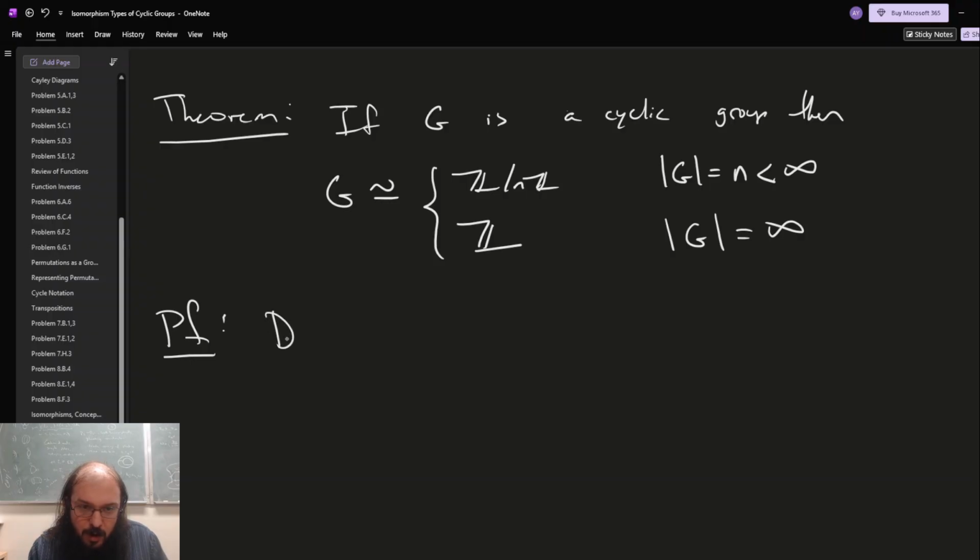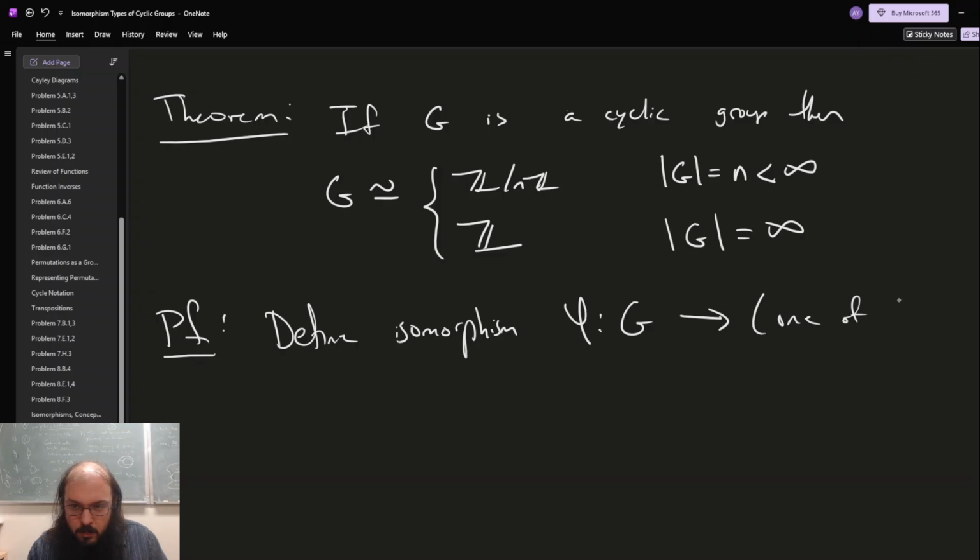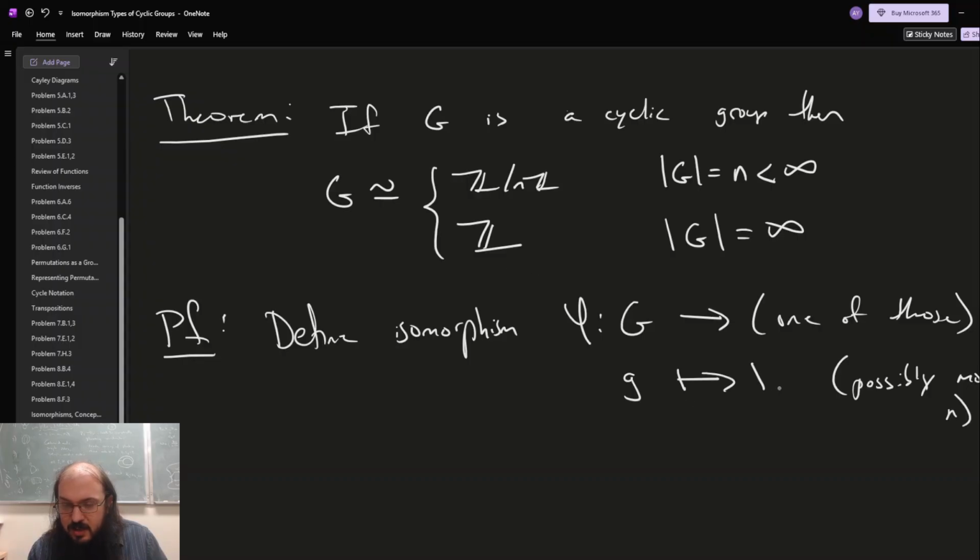We define our isomorphism by sending the generator to 1. And in Z mod NZ's case, this is to be interpreted mod n. And in Z's case, it's not. It's just normal, good old fashioned 1.